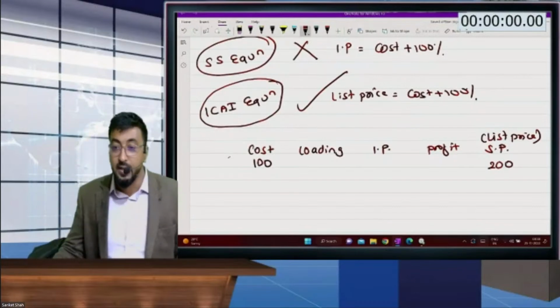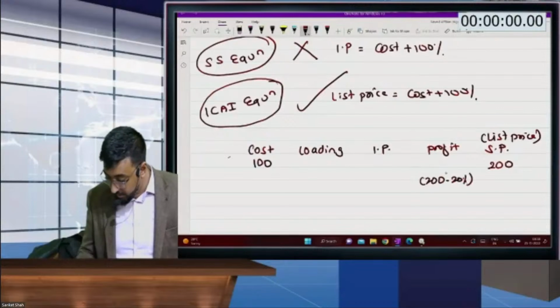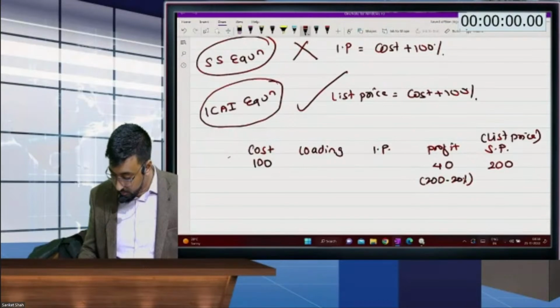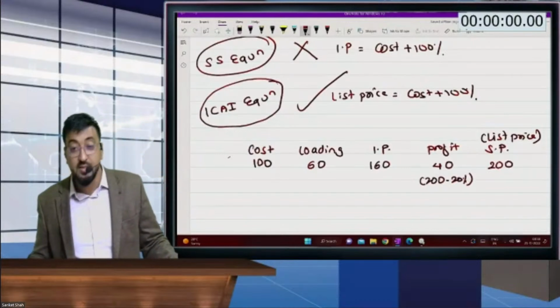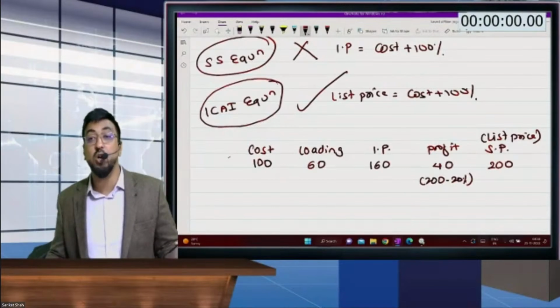Now profit is less by 20%, so this is 40. So this will be 160 and loading is 60. So this is the correct equation. I thought invoice price is cost plus 100%.